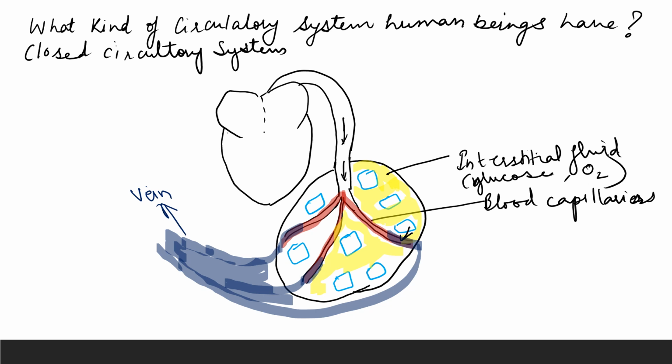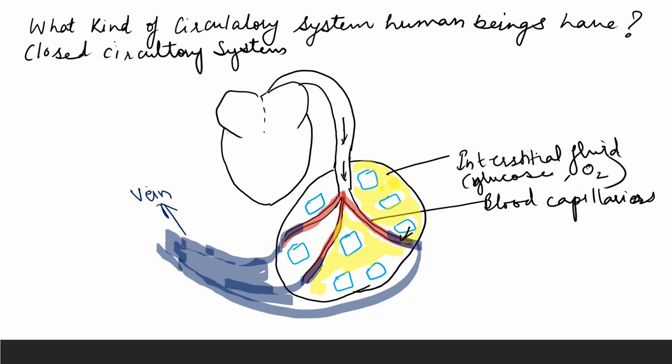From the heart, from one vessel, blood will disperse all over the body. But this is not happening in a human body. So this is the significance of a closed circulatory system, because it will generate a blood pressure in the blood vessels so that it will take the blood from the heart through the blood vessels to the different organs.